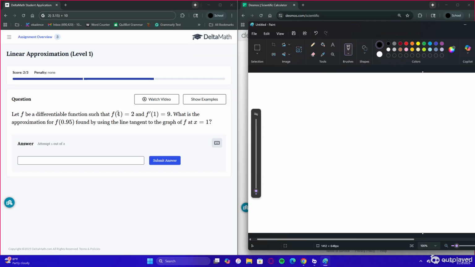Same thing here, where our point is going to be 1 comma 2, and our slope at 1 is going to be 9. So y minus 2 is equal to 9 times x minus 1.